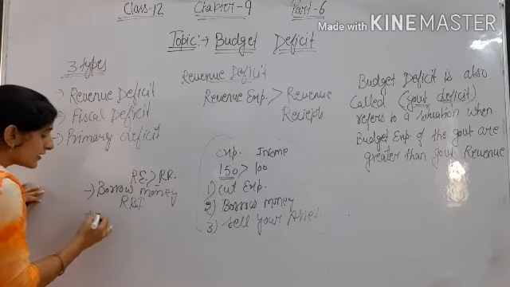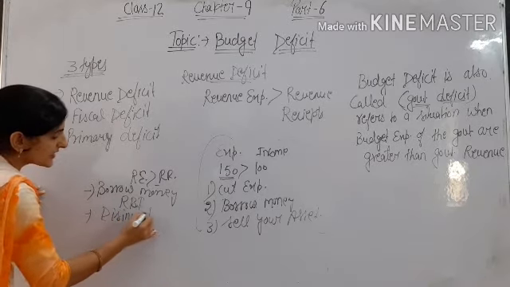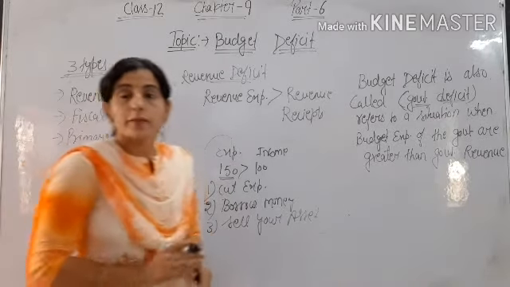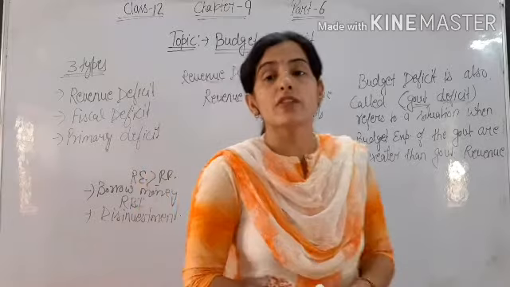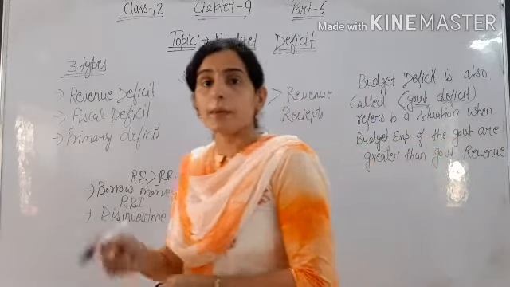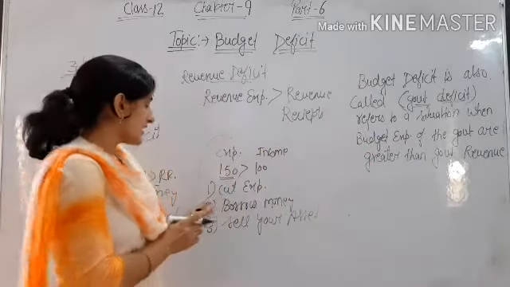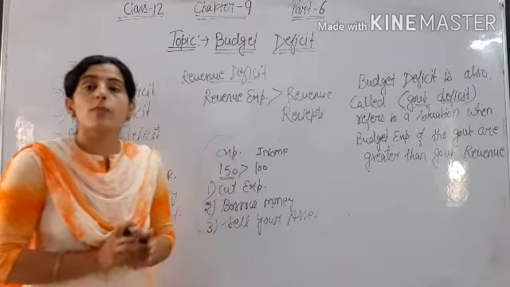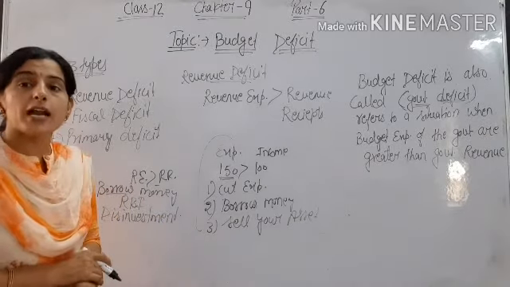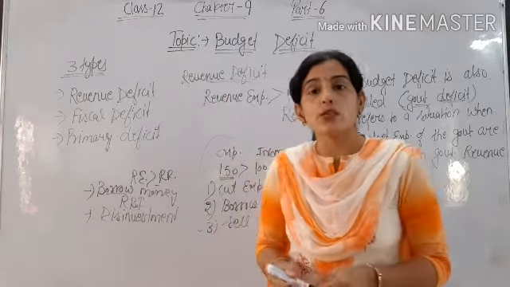Second, the government does disinvestment. What is disinvestment? It means the government sells its property to private or individual persons. It means the ownership is changed from public to private. Government, to compensate its budget, does disinvestment or borrows money. Borrowing means the government can borrow from the RBI or from public enterprises.